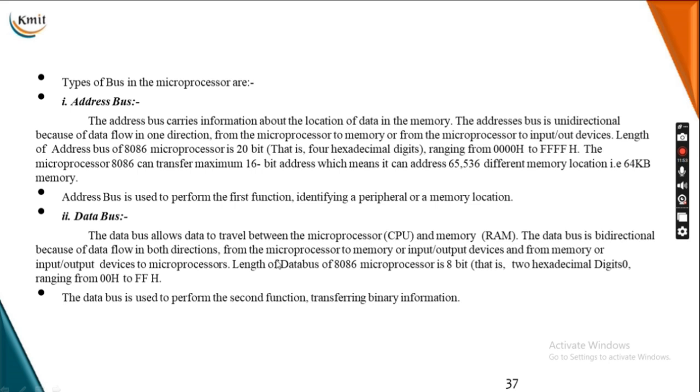Read the data from the memory and write into microprocessor. Length of data bus for 8086 microprocessor is 8-bit data, 2 power 8, which is 00H to FFH. This considers the second function of transferring the binary information.